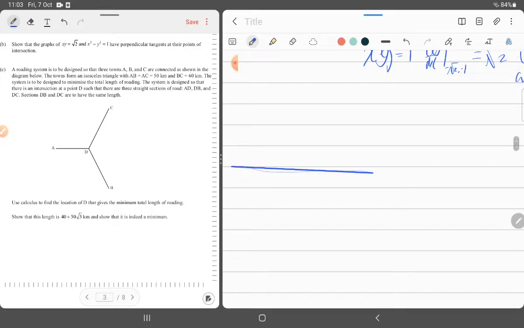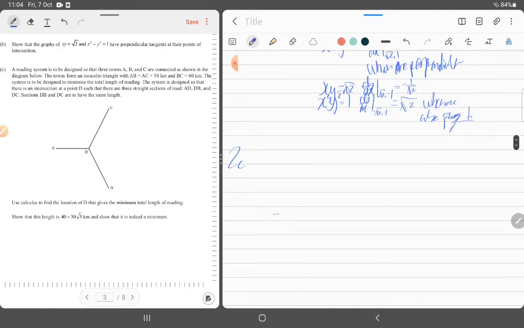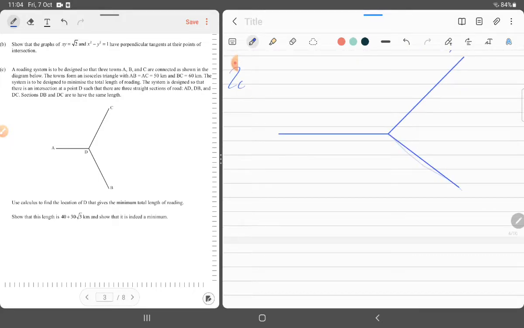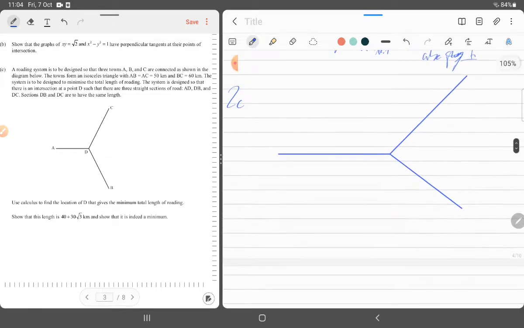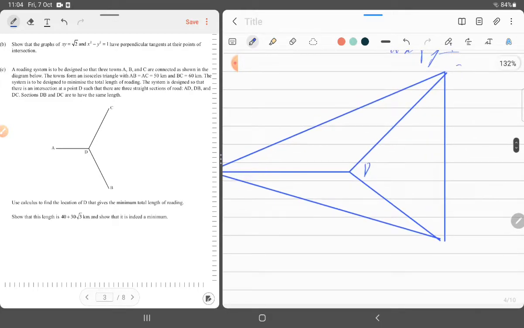So let's see. If we create a triangle like this, D, A, C, B, AB equals AC equals 50, and I believe BC is 60.